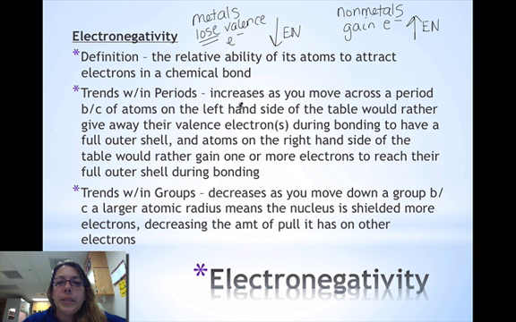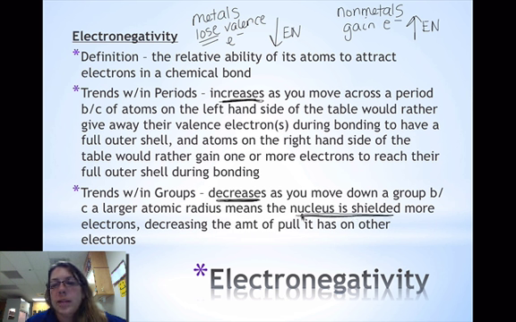Trends within periods. So as you go across the row, it's increasing, and that's because of what we just talked about. The nonmetals on the right-hand side want to pick up electrons. The metals on the left want to lose electrons. And then trends within groups, it decreases as you move down a group because the nucleus is shielded.